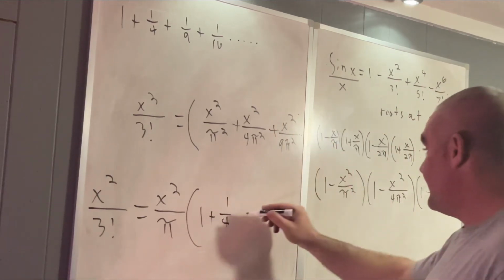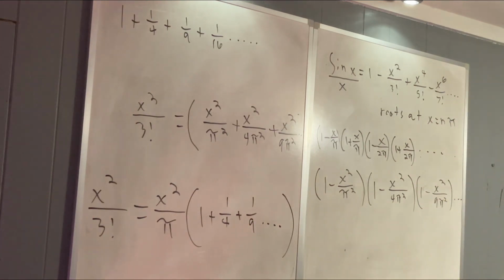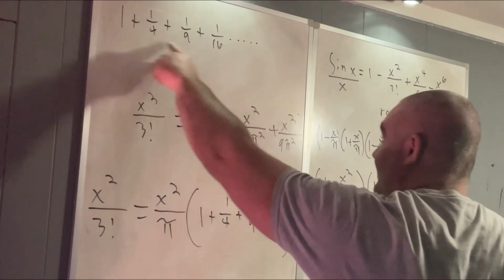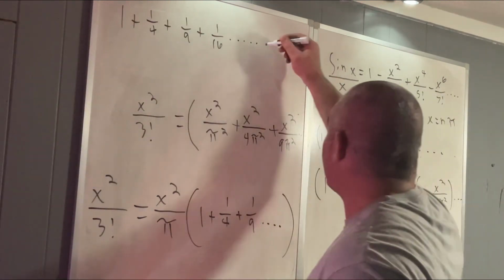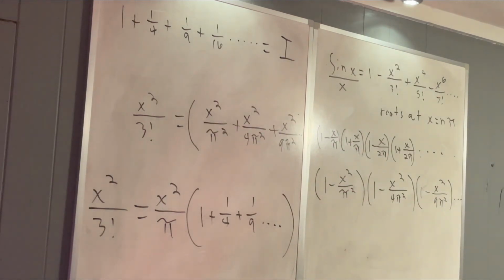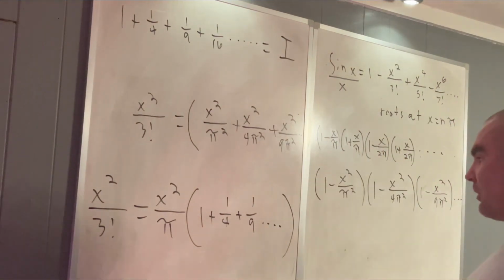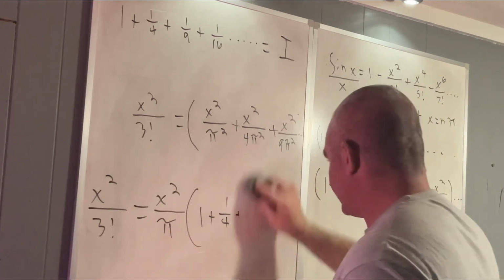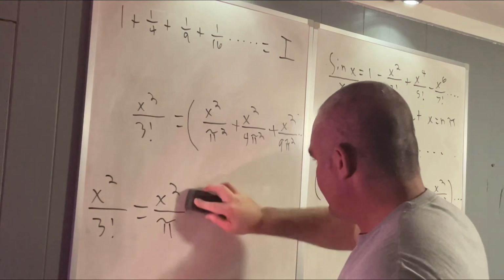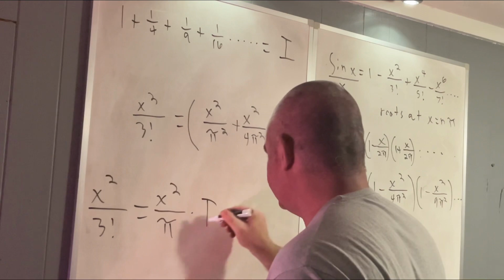This would be plus 1 over 9. All right, well, that's exactly what we wanted. And we'll call this I, like usual. It's just 1 plus 1/4 plus 1/9 plus 1/16. So we can just replace that with I.